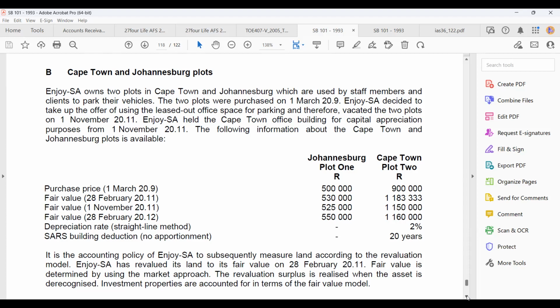The typical standards that apply to an asset are IAS 16 PPE, IAS 38 intangible assets, IAS 40 investment properties, IAS 2 inventories. Then you have IFRS 9 financial instruments, but within financial instruments is financial assets. You have IFRS 16, which deals with leases.